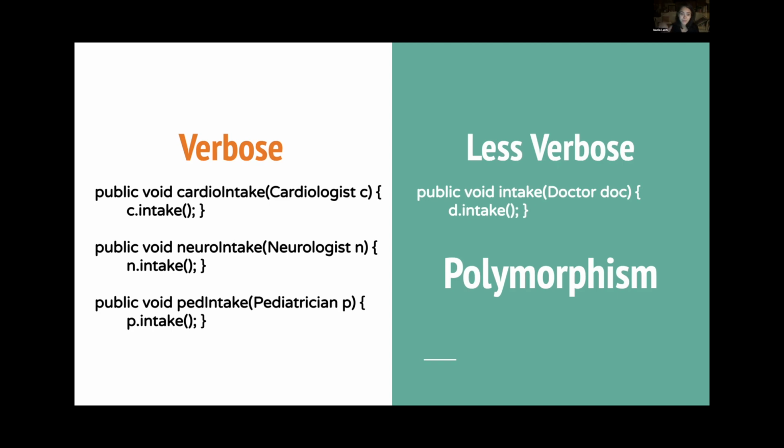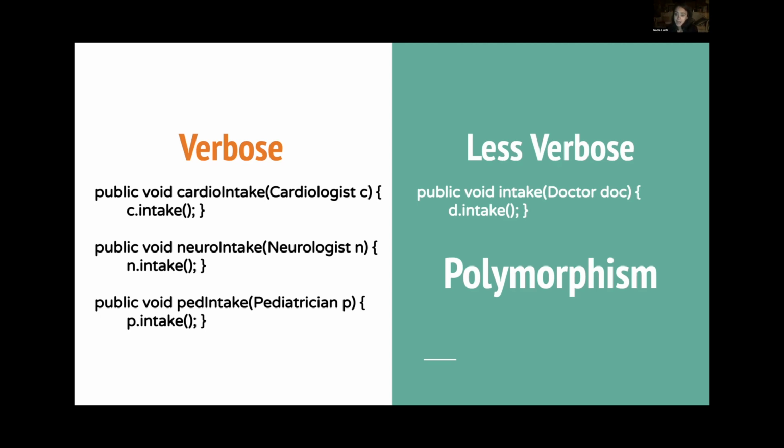Let's say that within my intake exam function on the left, in the verbose version, I want everybody to do something such as call in an assistant. Then I would have to go into every single one of these methods and add that in to all of them. Now, let's look at the right side. The right side is a lot less verbose.